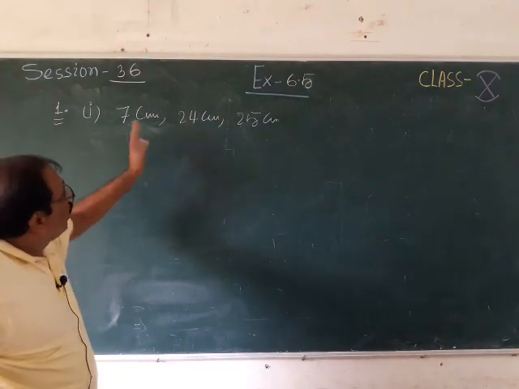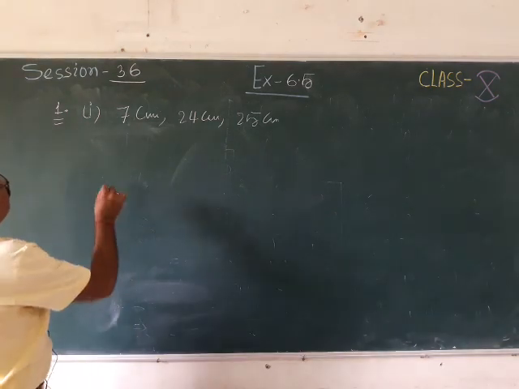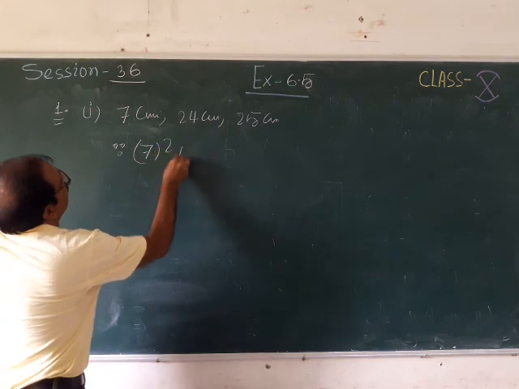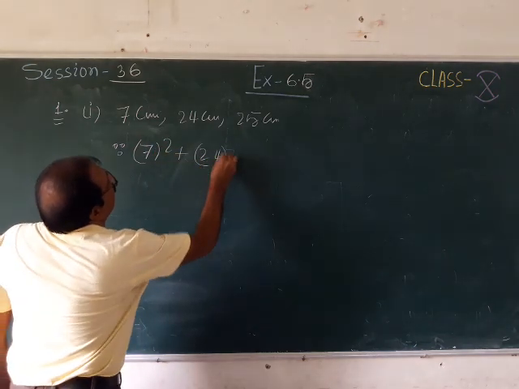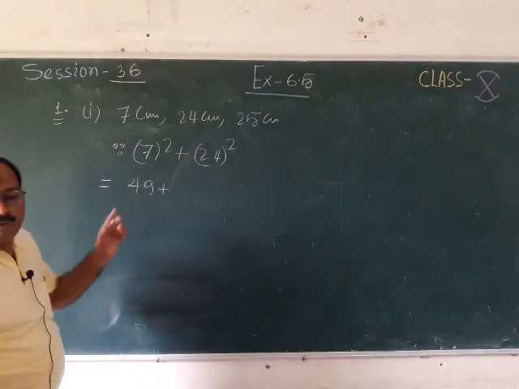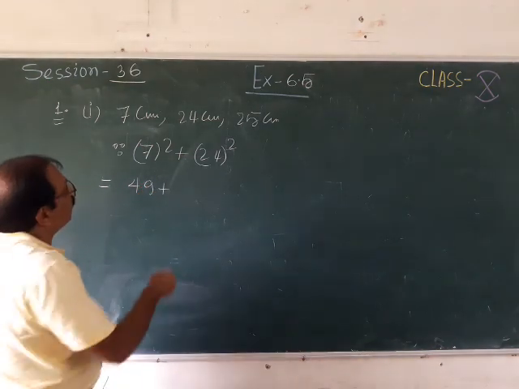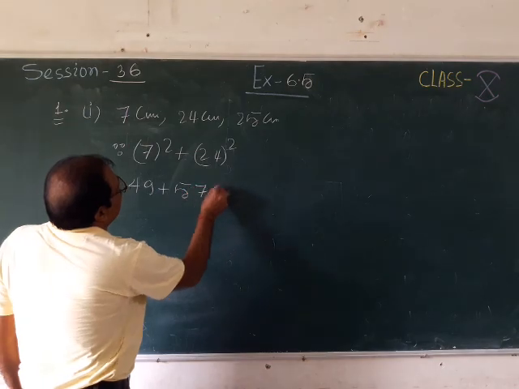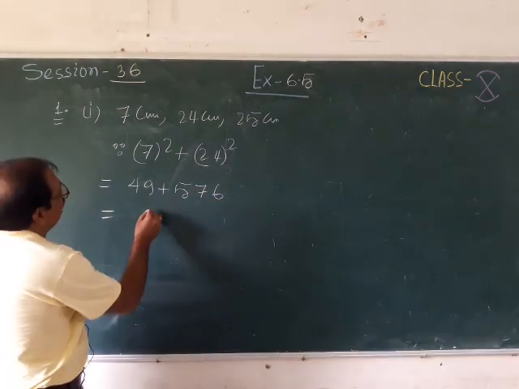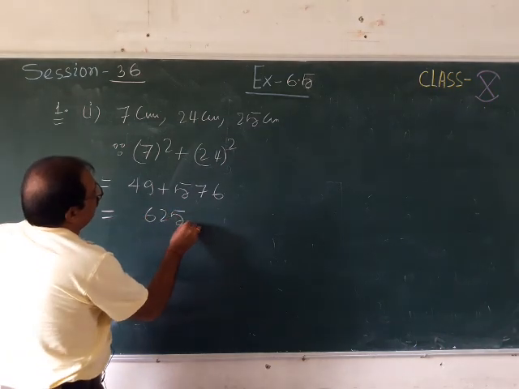So how will you check? First of all, you have to check 7 square plus 24 square. 7 square means 49, and when you multiply 24 and 24, it gives you 576, and after adding these numbers you get 625.